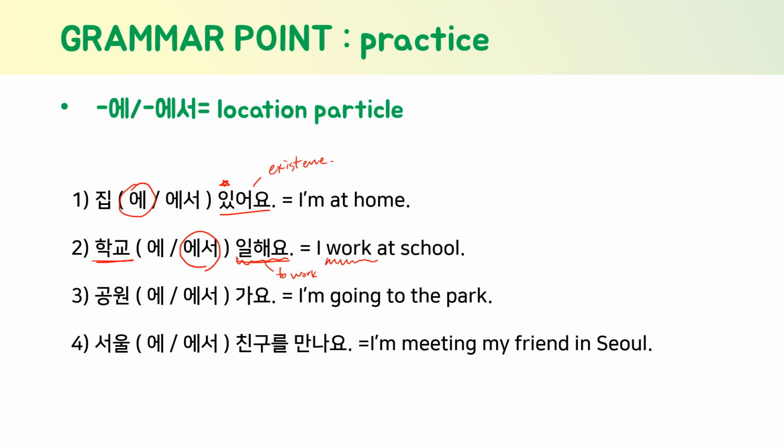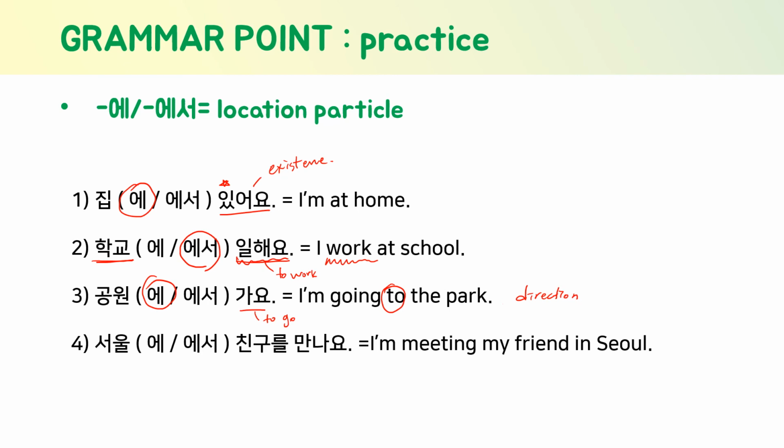Number 3, 공원 가요. I'm going to the park. 가다 is the verb for to go. I'm going to the park. It shows the direction. So when it shows direction, 공원에 가요. Number 4, 서울 친구를 만나요.